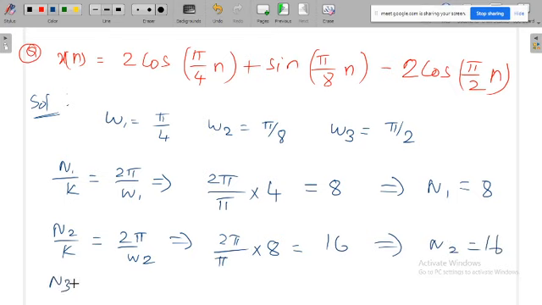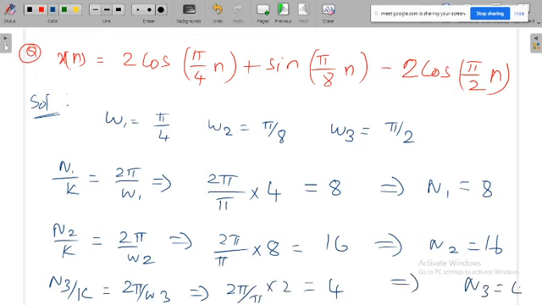What about the third one? n3 is 2 pi by omega 3, that is 2 pi by pi by 2, so n3 is equal to 4.